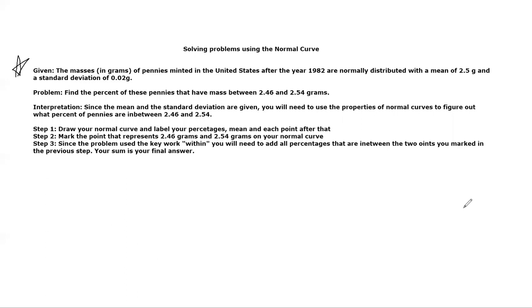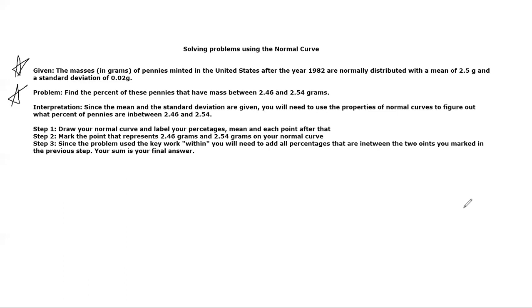What they're trying to say here is that after 1982, most of them are pretty normally distributed. On average, the mean was 2.5 grams for all the pennies minted after then. And they varied by roughly 0.02 grams. Some pennies were 0.02 grams heavier, and some pennies were 0.02 grams lighter.